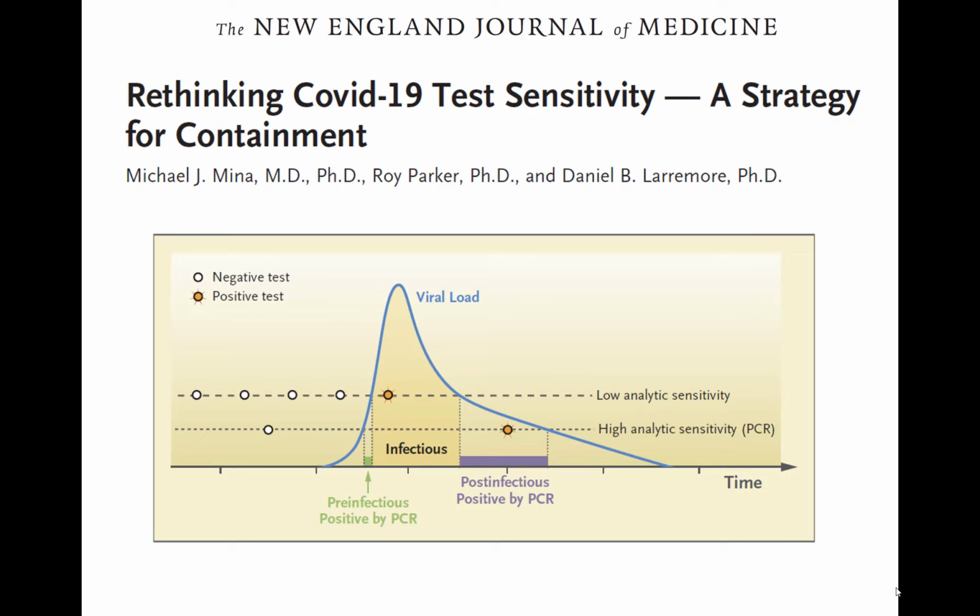And these less sensitive tests are actually okay for screening and for most clinical situations because they will be positive with a high viral load. The high sensitivity PCR becomes more important in hospitalized patients and in patients who have negative antigen tests.